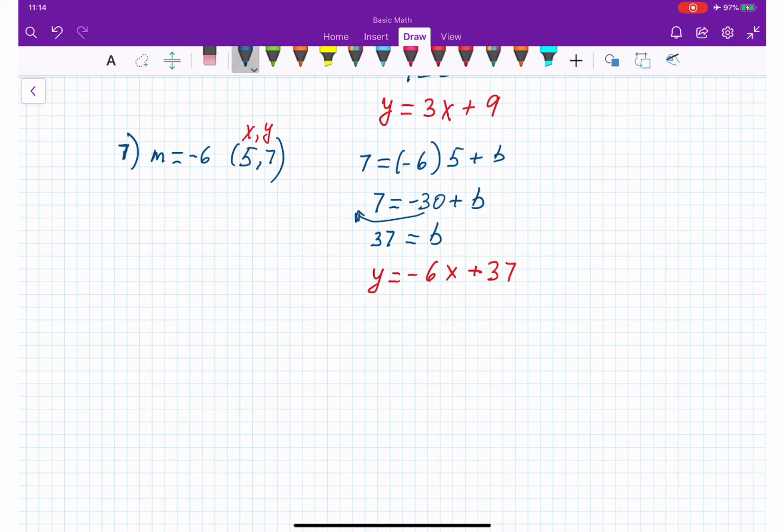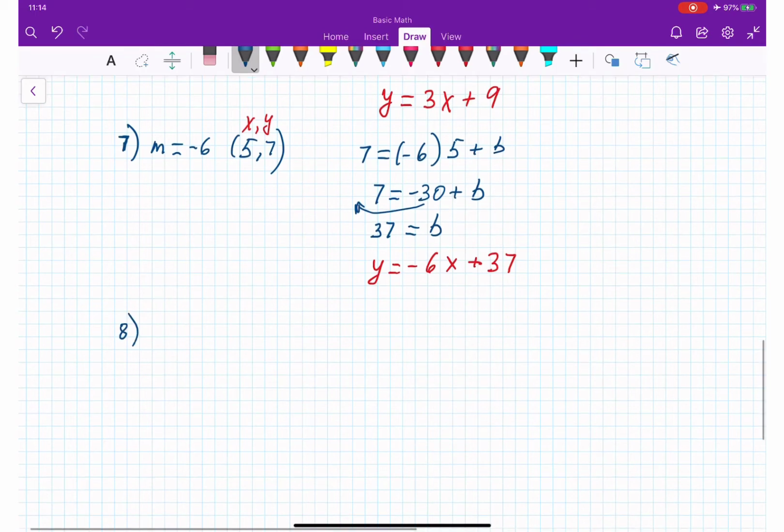So question number 8. Find the equation of the line that has the slope m equal to 2/3 and passes through the point (3, 6). Okay, same way. What's the equation of the line? Well, let's do it the same way.